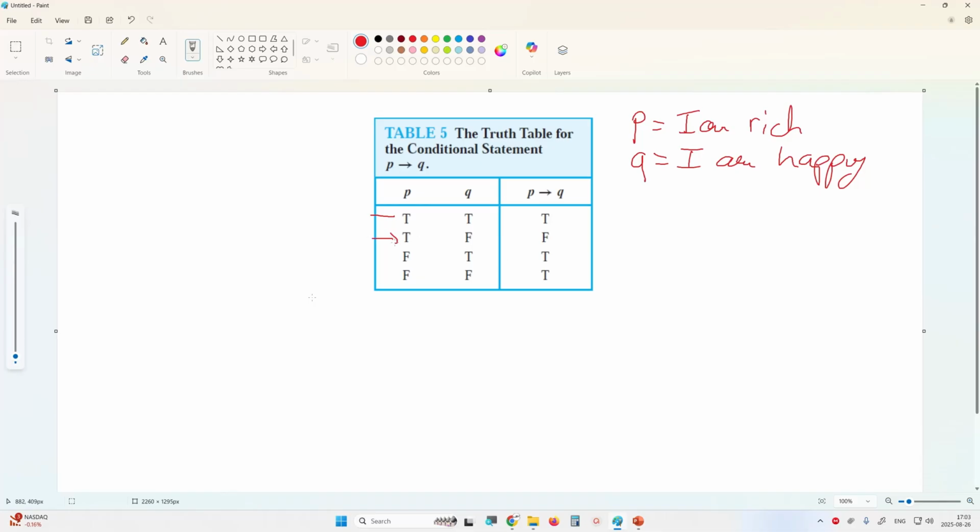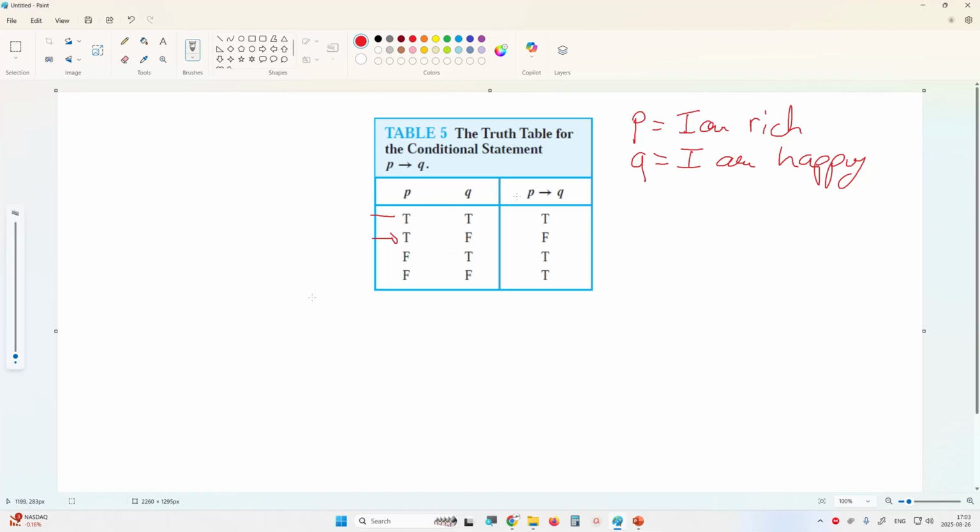Now let's have a look at this one. It's true that I'm rich, but I'm actually not happy. So Q is false, that means I am not happy. My inputs are P is true, I'm rich, and Q is false, I'm not happy.